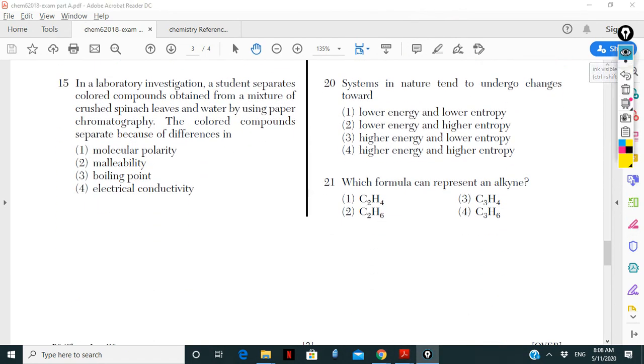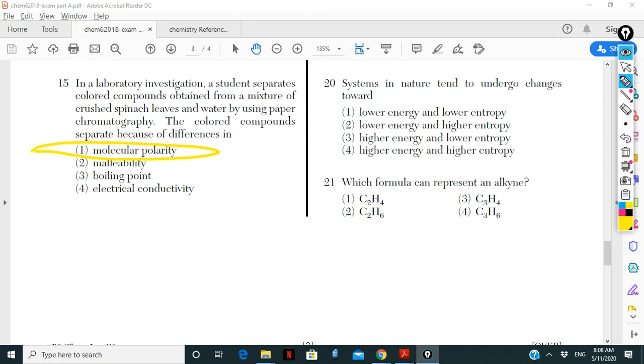Question number 15. In a laboratory investigation, students separate colored compounds obtained from a mixture of crushed spinach leaves and water by using paper chromatography. The colored compounds separate because of differences in molecular polarity, malleability, boiling point, or conductivity. It's for sure going to be molecular polarity. Why?